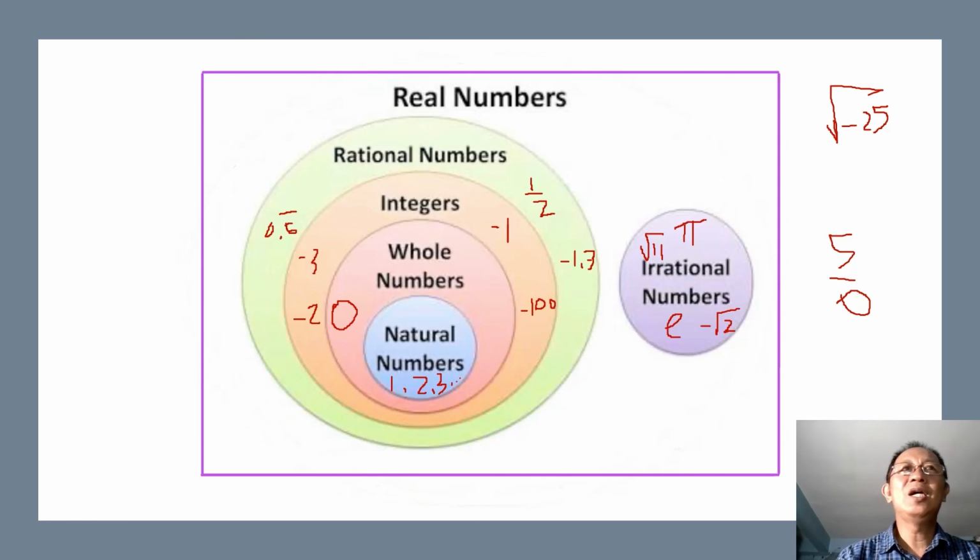So, this is the Venn diagram of the set of real numbers. Okay? So, meron kayong sasagutan. Pwede nyong i-base dito yung pagsagot niya. Copy and answer in your math notebook.